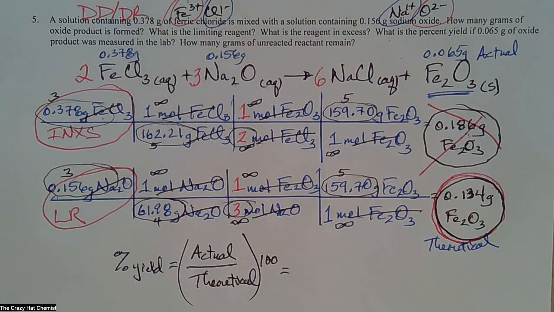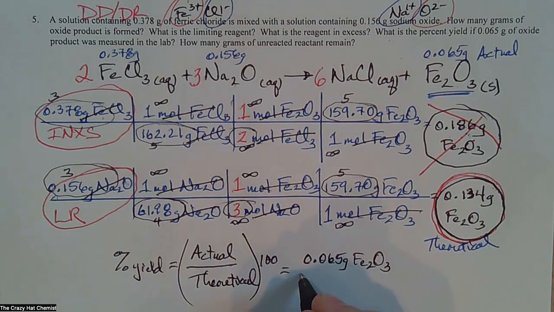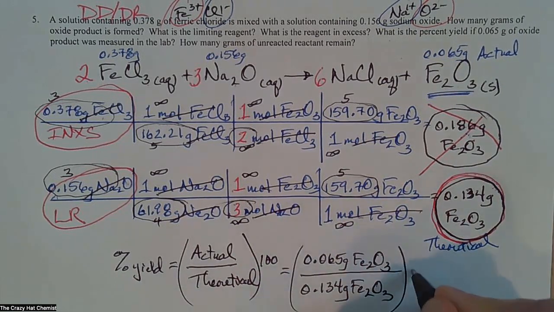So the actual is always given within the problem, and that was 0.065 grams of Fe2O3. The theoretical amount was 0.134 grams Fe2O3, and I'm going to multiply this by 100.